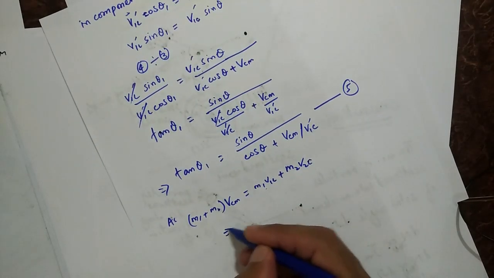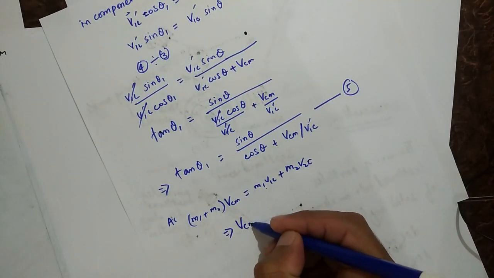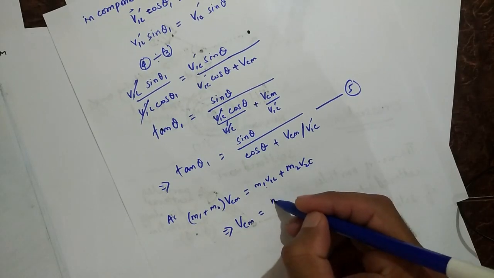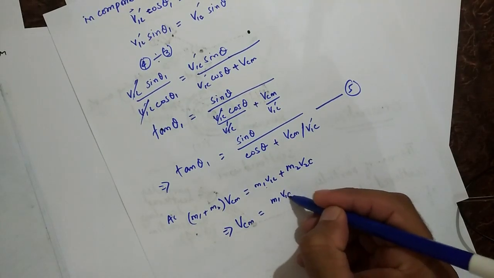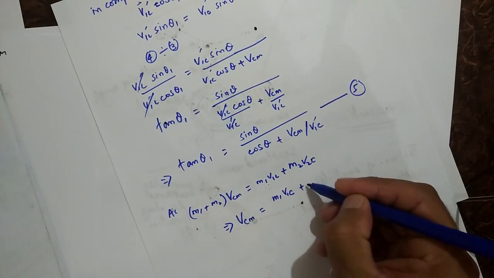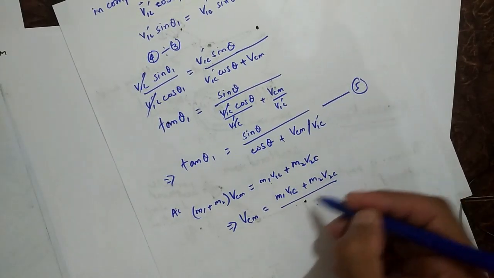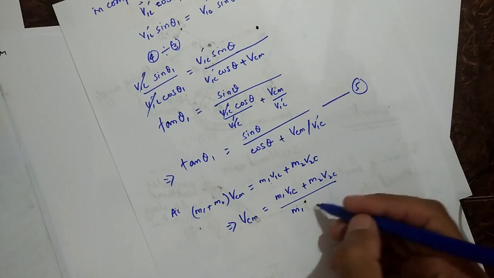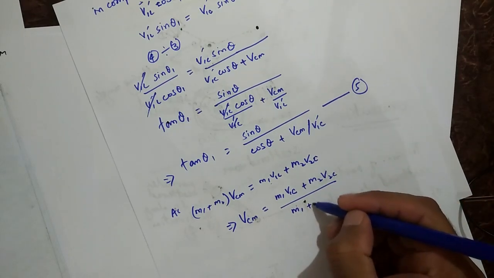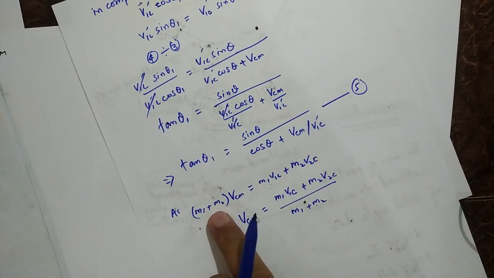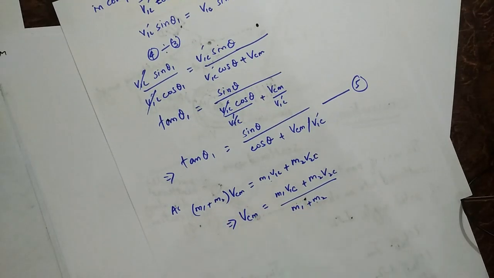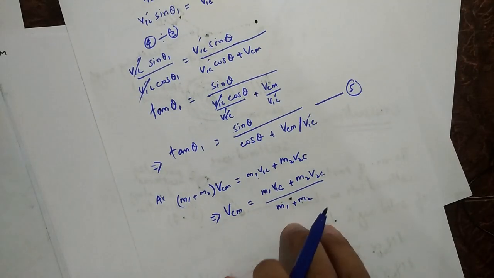So vcm is equal to m1 v1c plus m2 v2c divided by m1 plus m2, bringing this m1 plus m2 into the denominator to the right side.